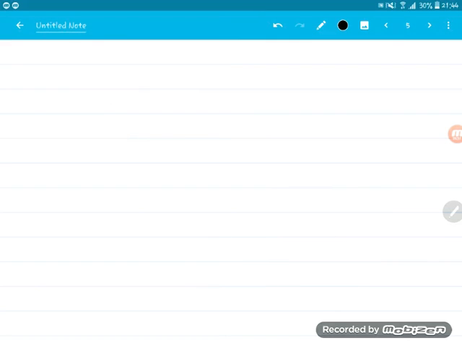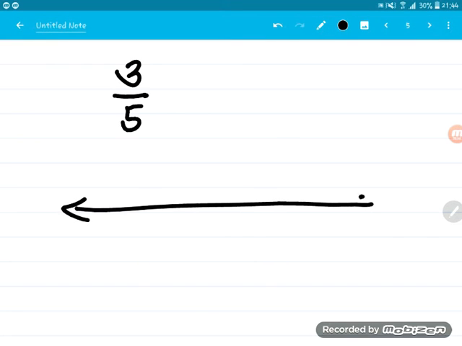Okay, next. 3/5. How are we going to show 3/5 on the number line? Again, 3/5 is an example of a proper fraction, meaning it is just in between 0 and 1. Again, the denominator tells us how many parts we have in a whole.